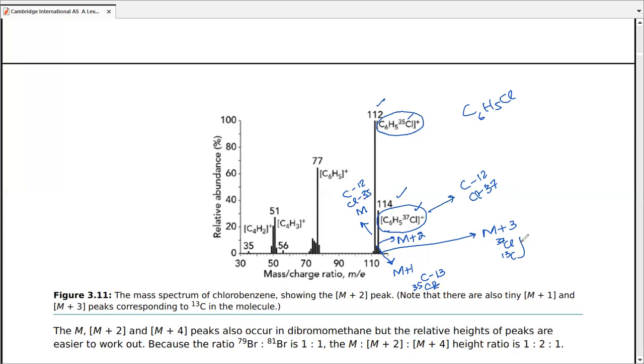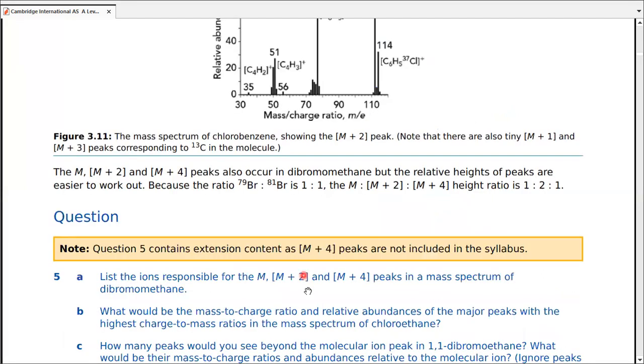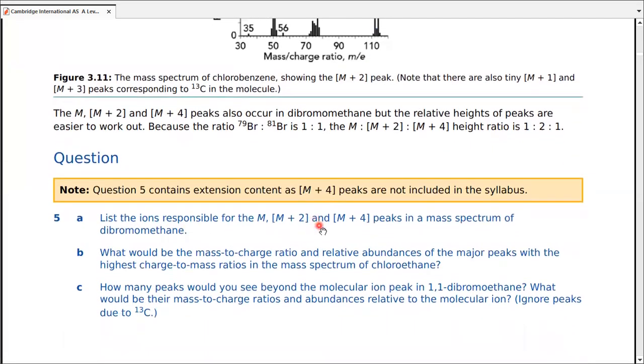M plus 1 and M plus 3 are not a part of the course, but I teach them to the students just to be on the safe side, because if they ask a common sense based question, you should be able to answer it. So probably M plus 1 and M plus 3 are not going to be a part of your paper. There is a very small chance of that, but I'd like to take my chances. That's why I told you.